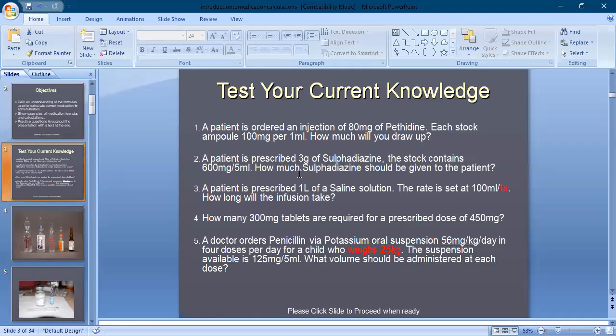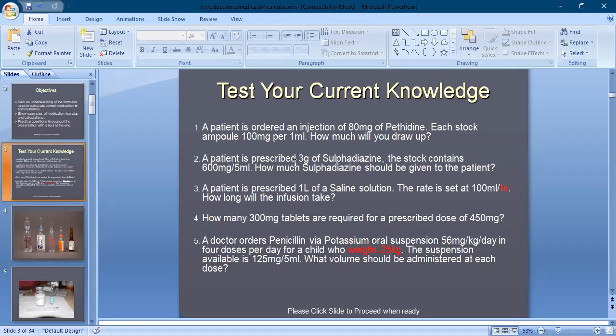How much sulfadiazine should be given to the patient? I always say that conversion is the first step of calculating the medication. This is the gram, a big unit, and the medication in your hand is 600 milligram, a small unit.